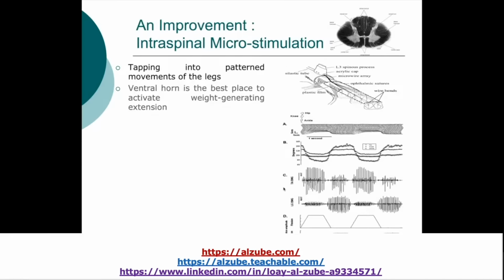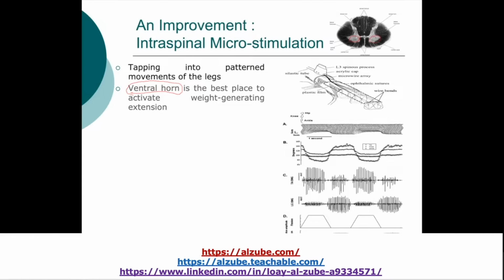And usually we have wires, electrodes, to stimulate something we call the ventral horn, or the nerves in the ventral horn. So the ventral horn is this part of the spinal cord here. This one here and that one here. That's called the ventral horn.